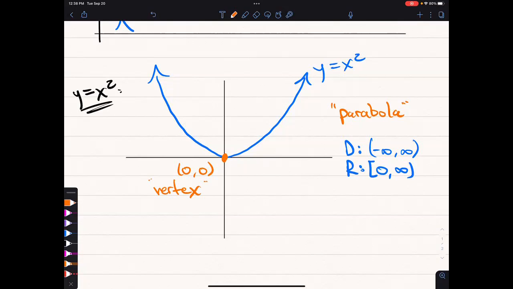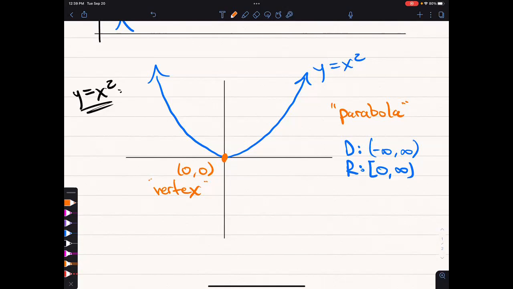Okay. And the only other terminology we need is that this parabola, this one in particular, is an even function, but anything that has that same shape, the two sides of it relative to the vertex look like mirror images of each other, right?